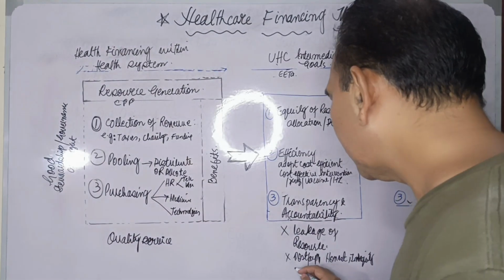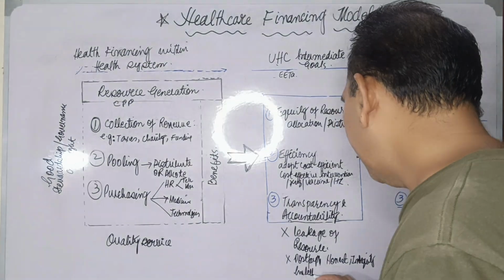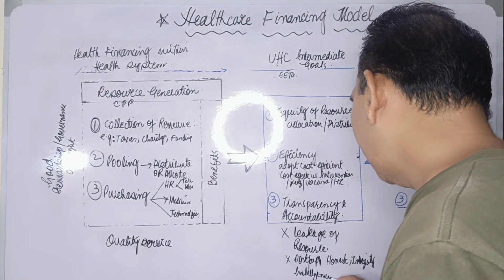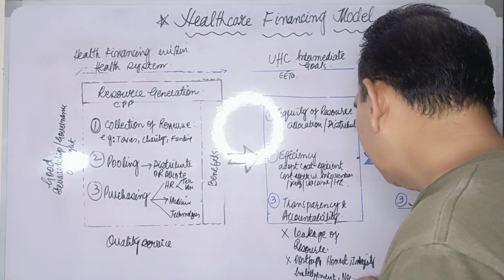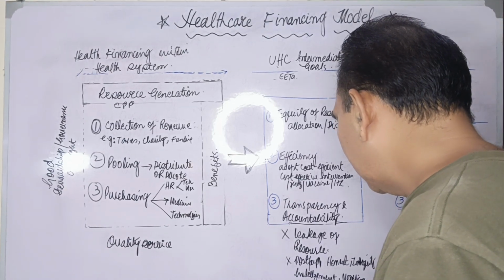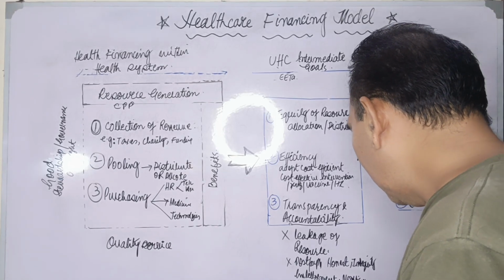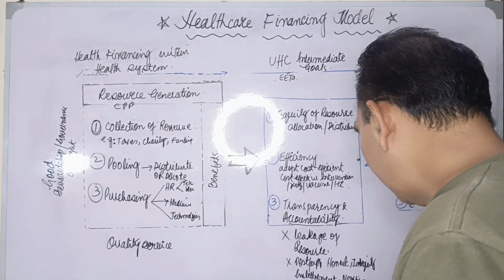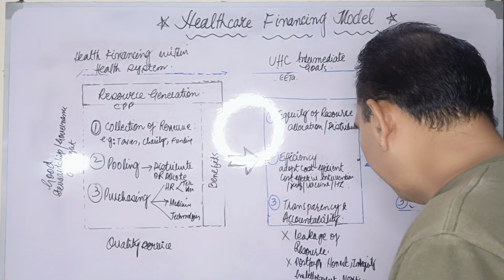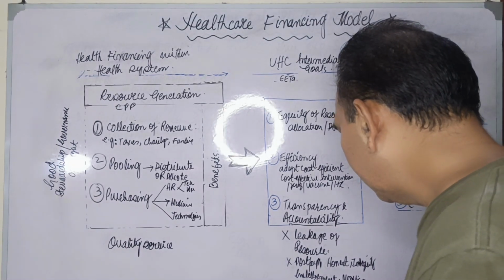And the second one, you should always control embezzlement, nepotism, cronyism, undue favoritism, and kickbacks.